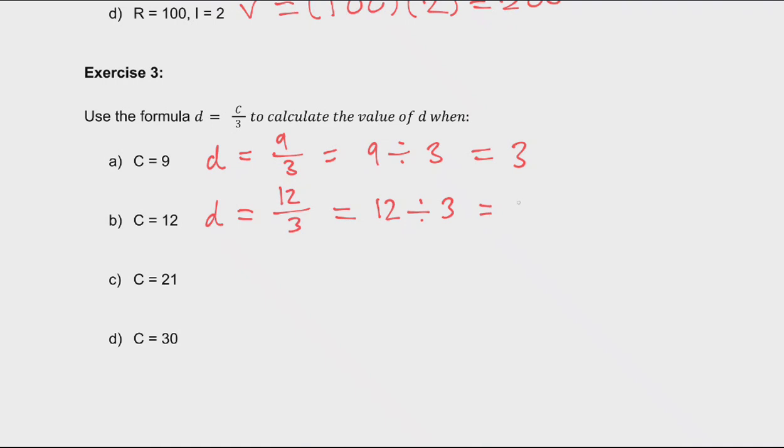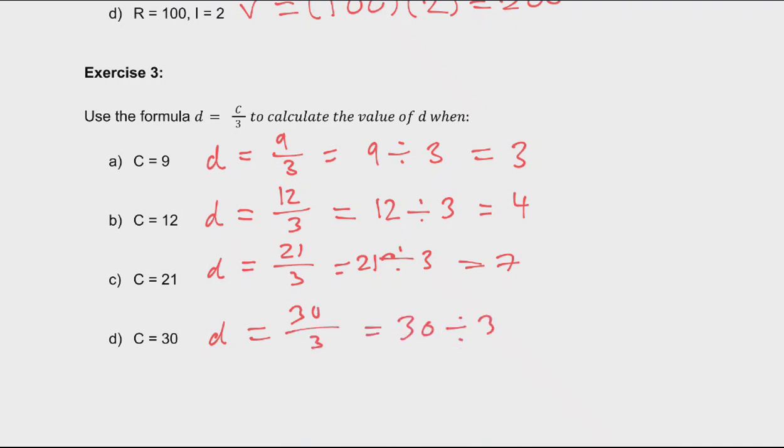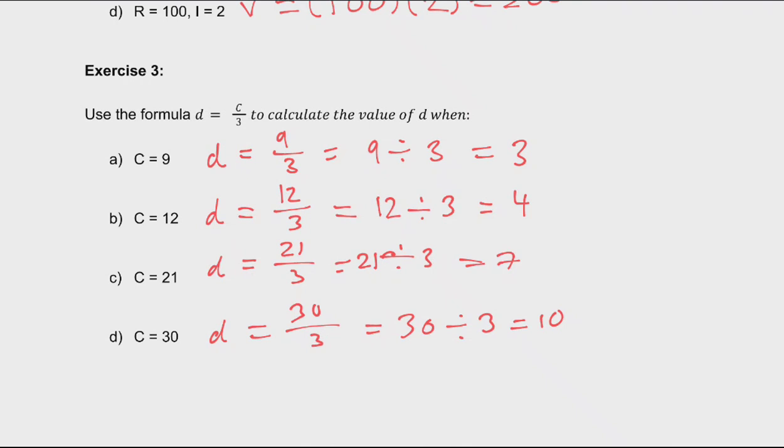How many 3's go into 12? 4. When C is 21, same thing: D is equal to 21 over 3, which is 21 divided by 3, which is 7. And when C is 30, D is equal to 30 over 3, which is 30 divided by 3, which is equal to 10.